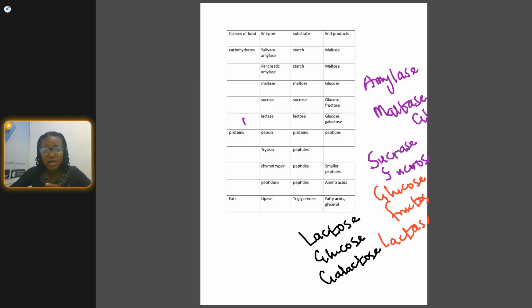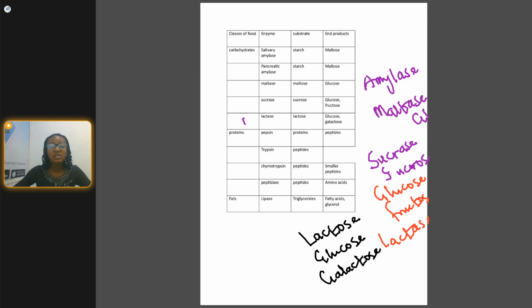So we have the salivary amylase. That is the amylase that acts when the food is still in your mouth, the enzyme secreted from the salivary glands. We also have another amylase known as the pancreatic amylase.